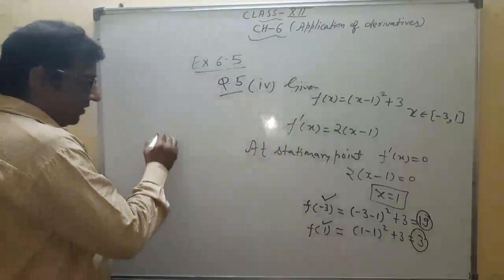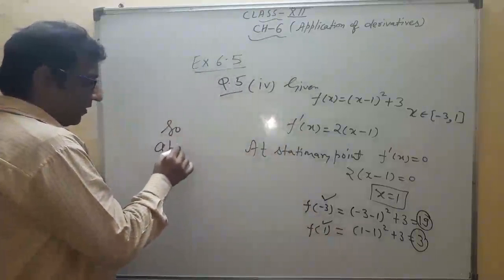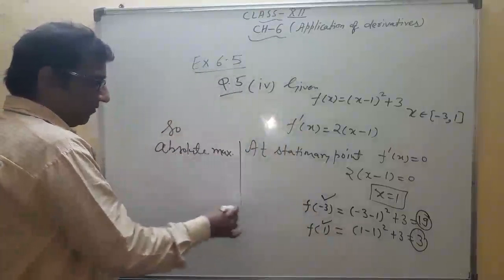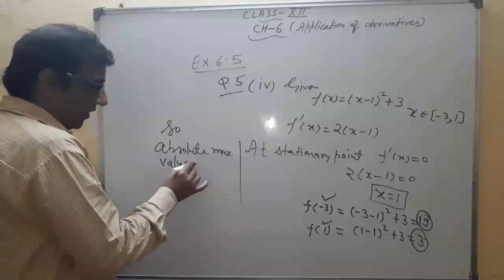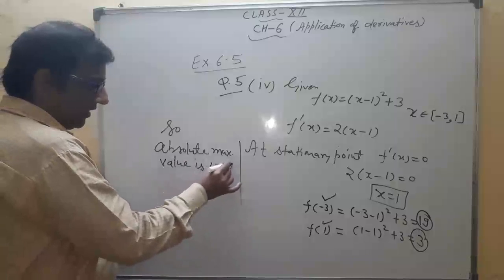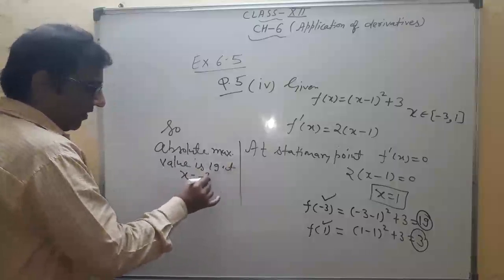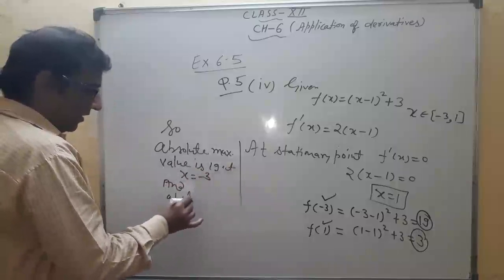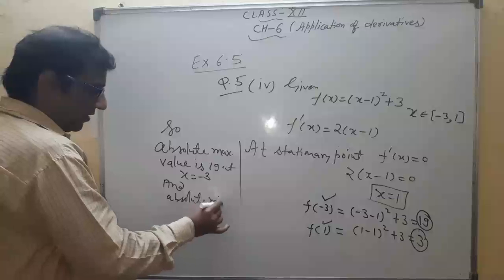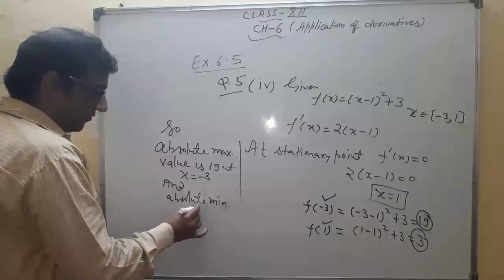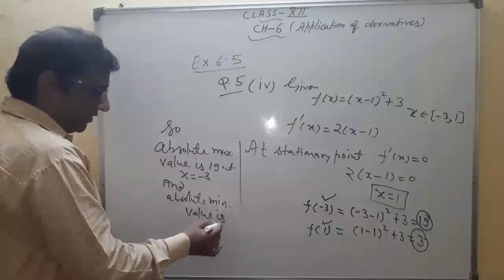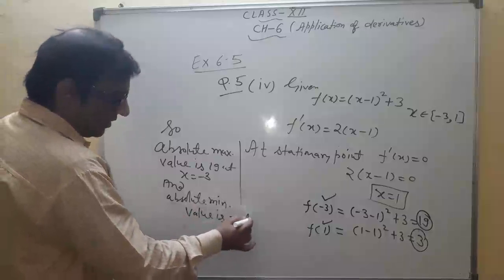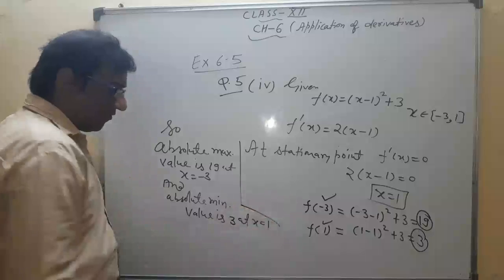So we mention here: absolute maximum value is 19 at x equals minus 3, and absolute minimum value is 3 at x equals 1.